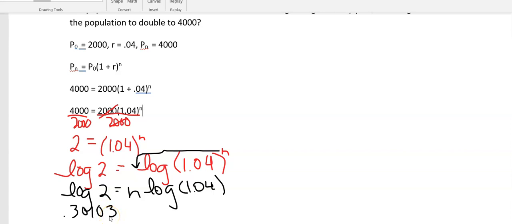So 0.30103. And then I'll go ahead and put log of 1.04 into my calculator. And that is 0.01703.